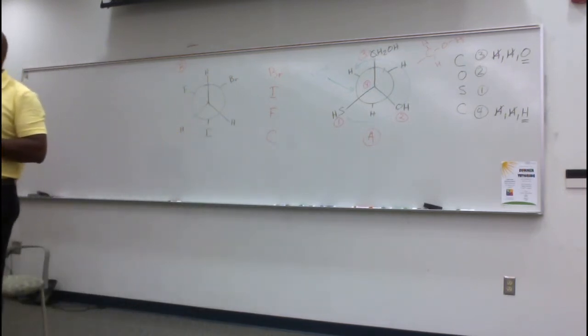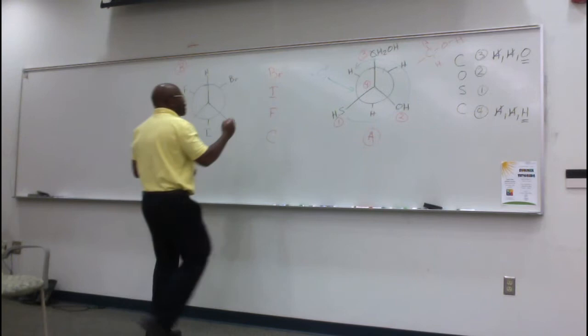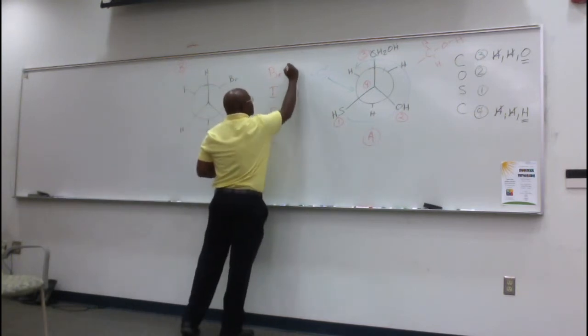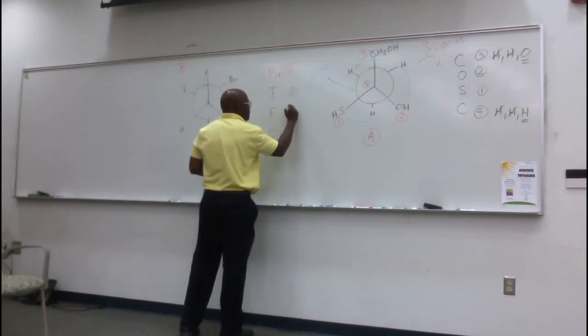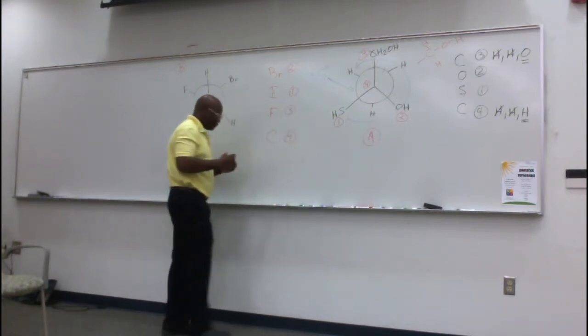What we're going to do next is assign according to atomic number. 1 is going to be iodine, 2 is going to be bromine, 3 is fluorine, and 4 is carbon.